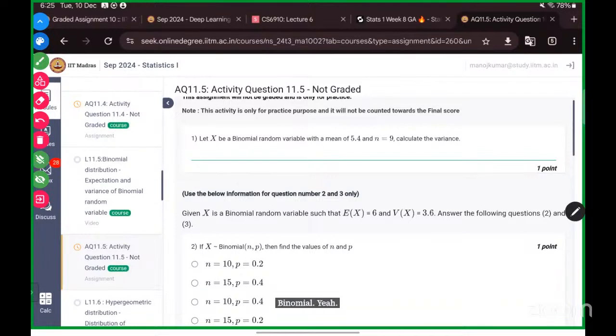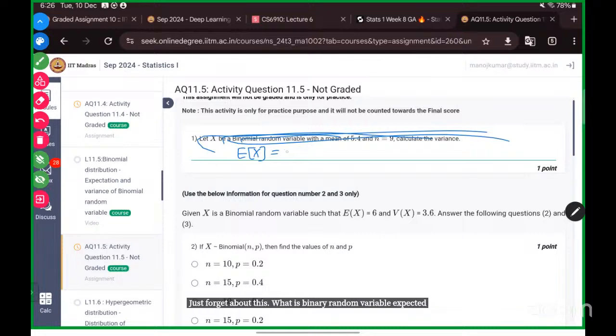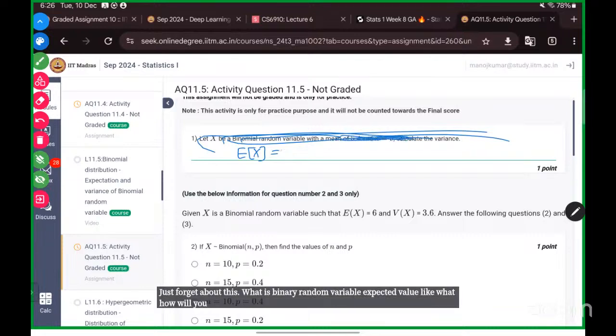Binomial random variable is given, right? So what is the mean, or expected value of this? What is the expected value of a binomial random variable? Forget about the 5.4, just the binomial variable mean.